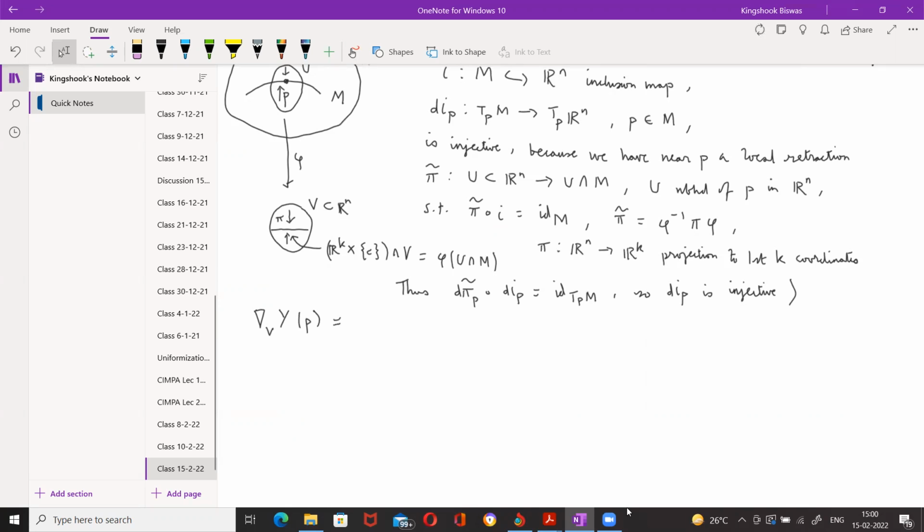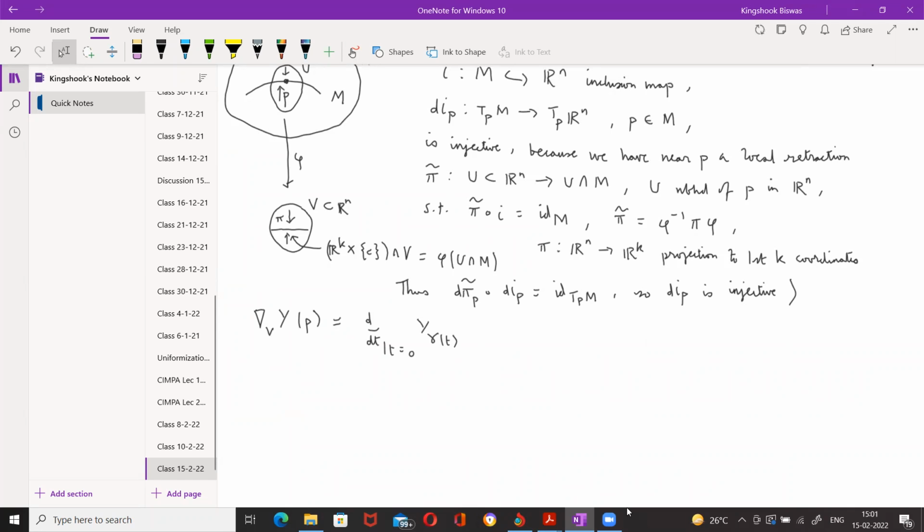This will be d/dt at t equal to 0 of Y at gamma of t.